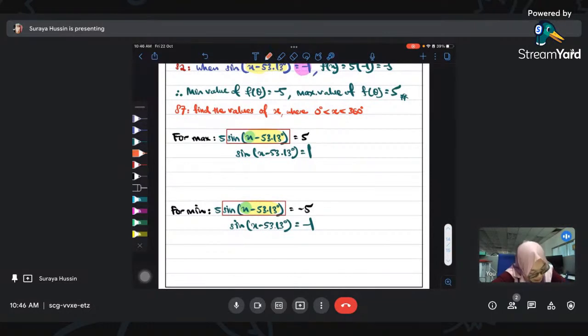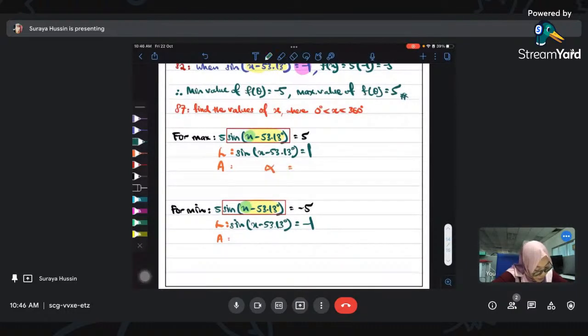Okay, this is linear, right? This is linear. How do I know it's linear? Because dia memang dah single sign and single cos. While A means what? A means acute angle. Means you want to change it into alpha samaan dengan inverse of 1 lah.